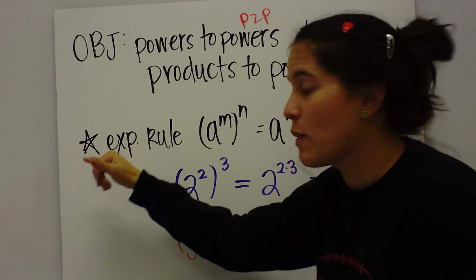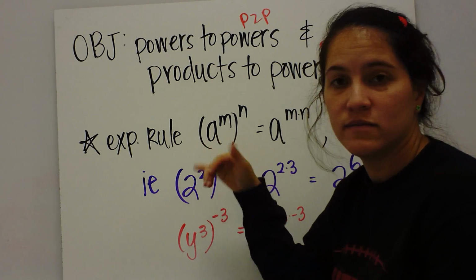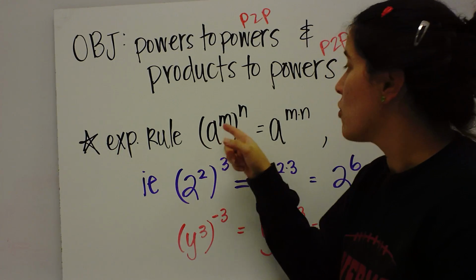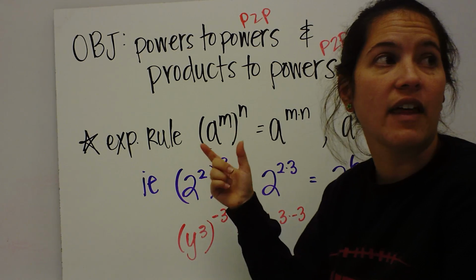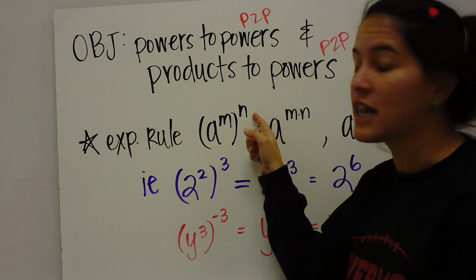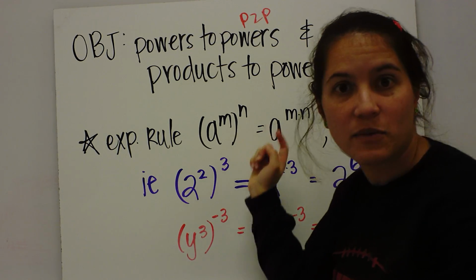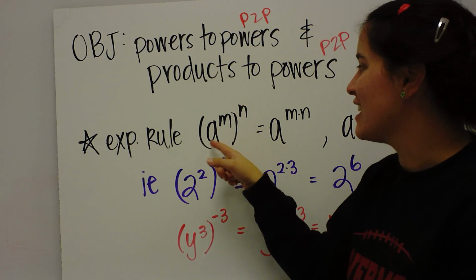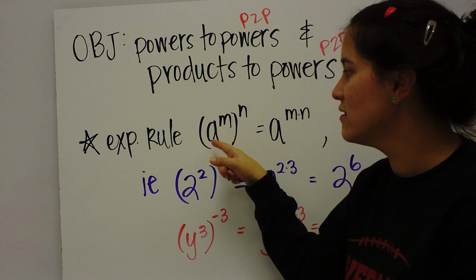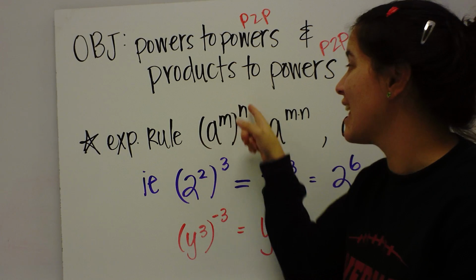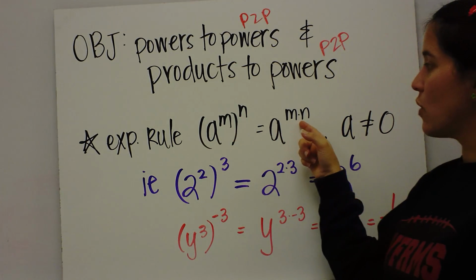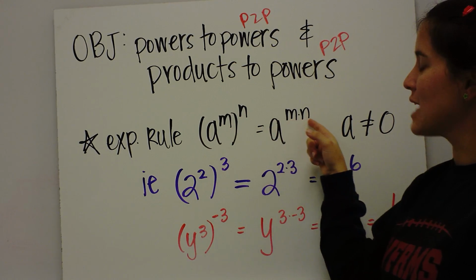So here again is your exponent rule. A number or a variable raised to the m power, and then that raised to the nth power, means you are going to multiply m times n.